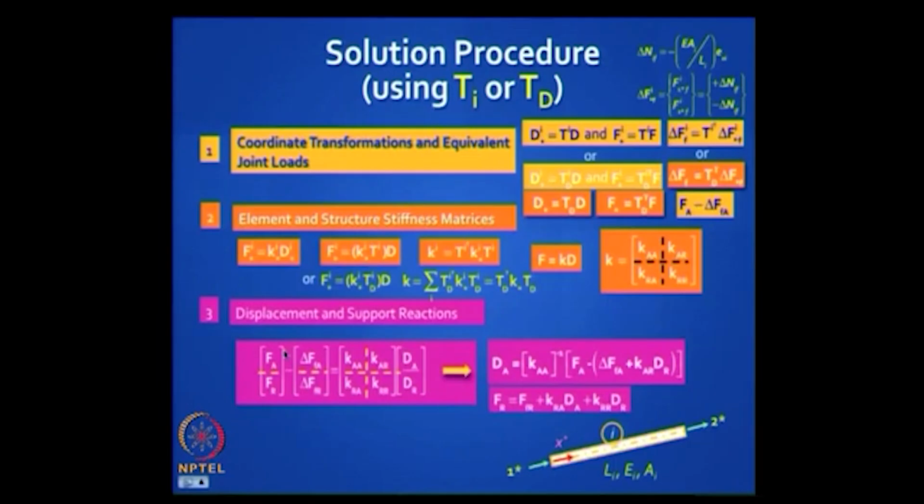In this problem Fa is 0 because no loads are given to you, and you have this fixed end force vector which we know how to derive. Substitute those values and you solve for dA, plug in the value of dA and you get Fr.